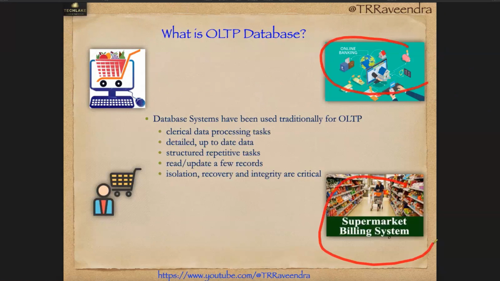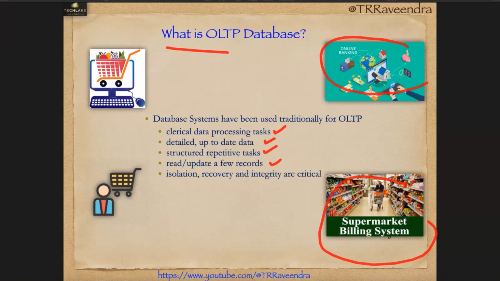There they'll enter the data, maybe through an online or offline application, and in the backend they'll have a database. It is majorly an online transaction processing database, used to process critical data. The latest data will be there, mainly structured data, and only a few records will get updated. ACID properties will be enabled, so isolation, recovery, and integrity are critical in these transaction databases.